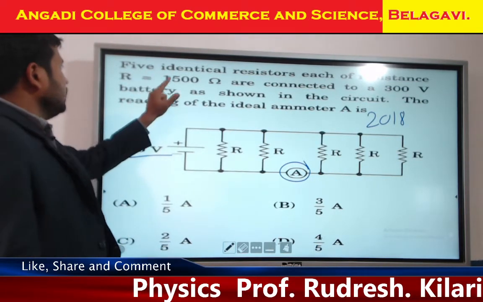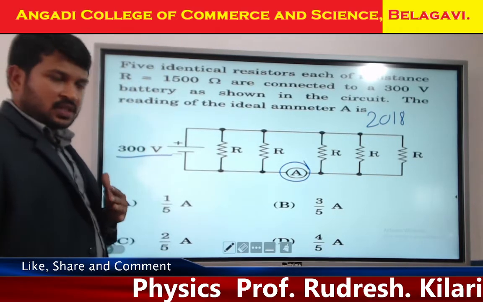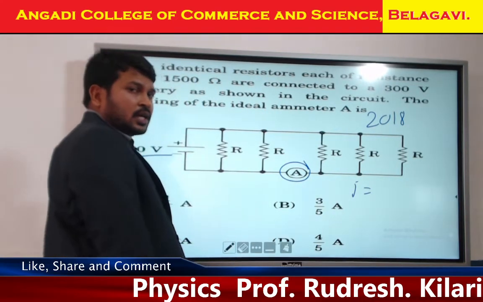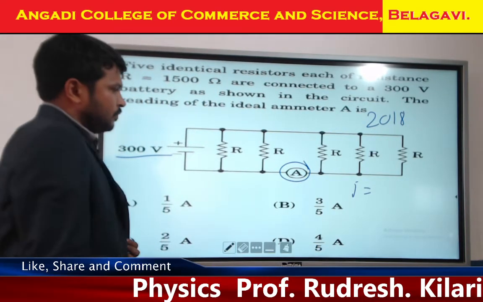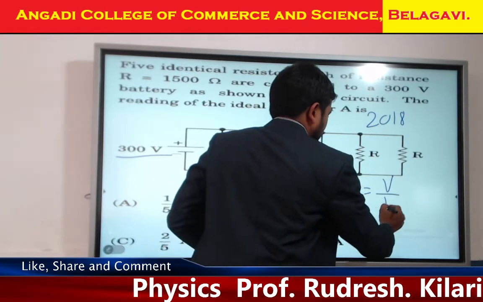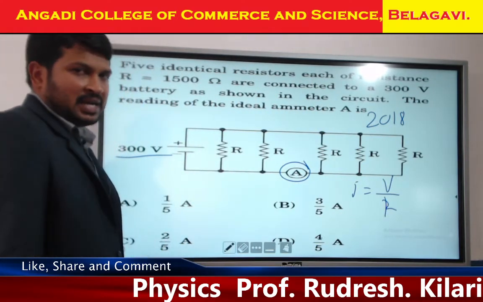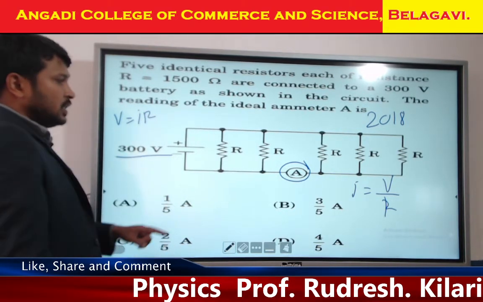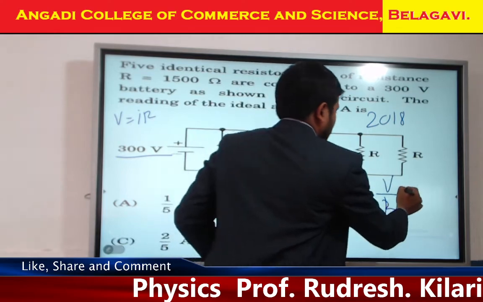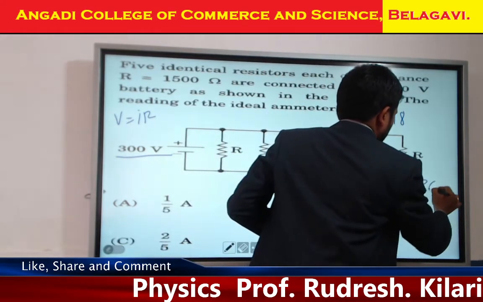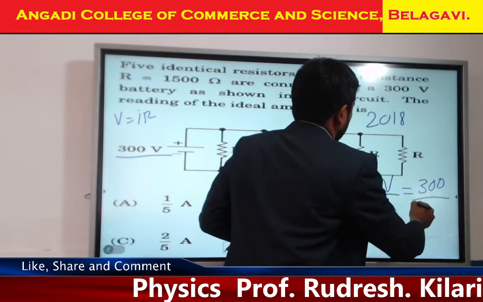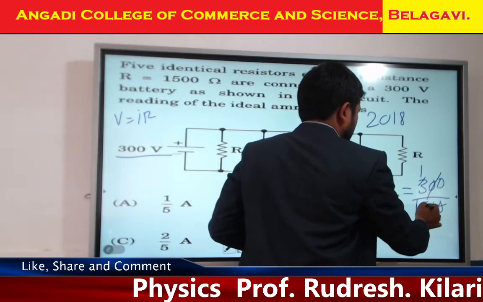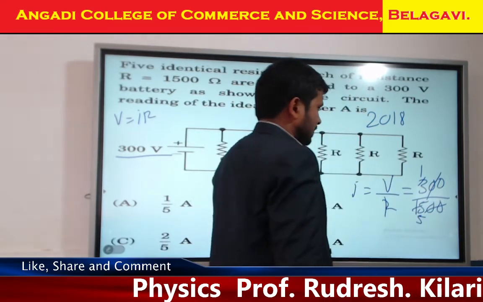Volt is given, and resistance is given. We have the formula current equals V by R, that is V equals IR. What is the voltage here? 300 divided by R, which is 1500 times 5.